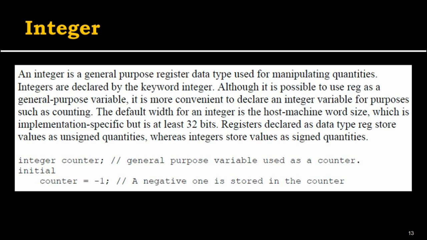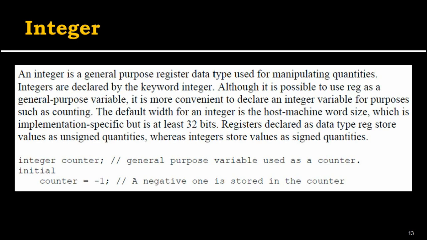The default width of the integer is the machine word size, which is implementation specific, but the integer size should be at least 32. The reg data type stores values as unsigned quantities, whereas the integer stores values as signed quantities.